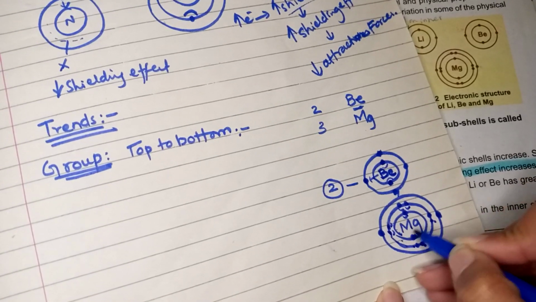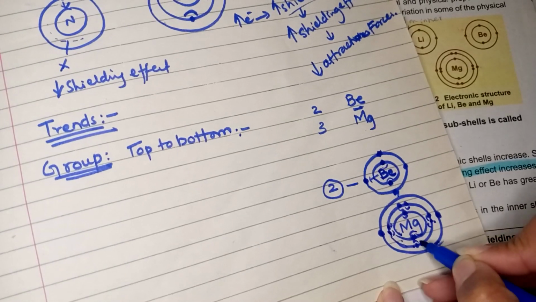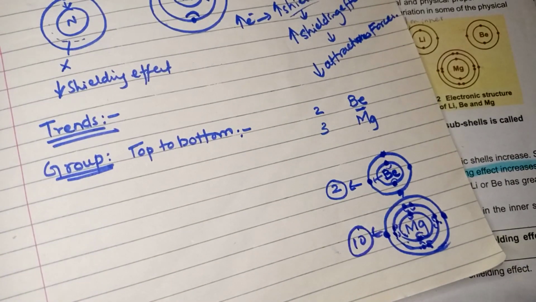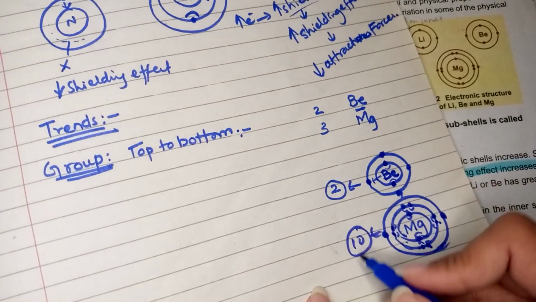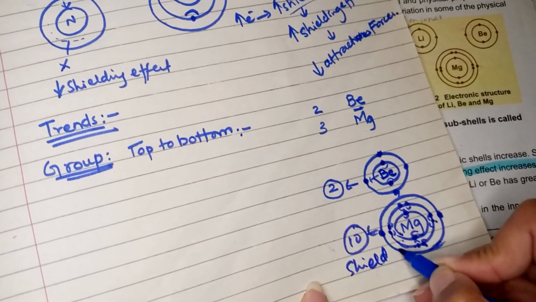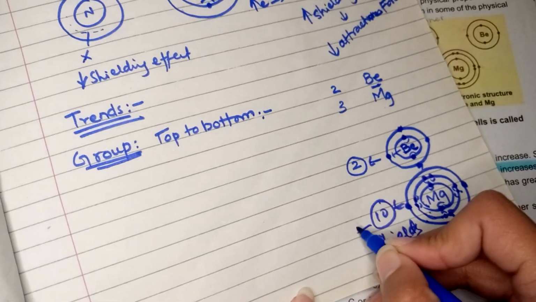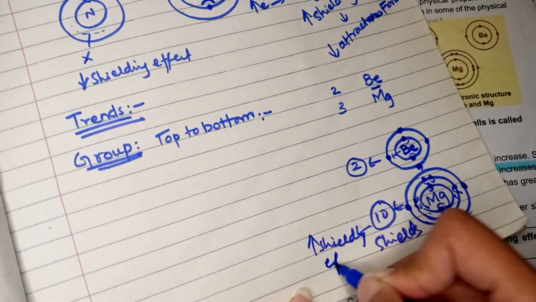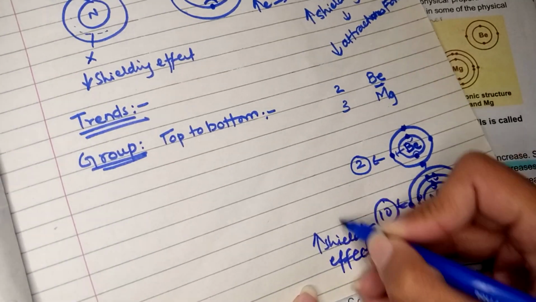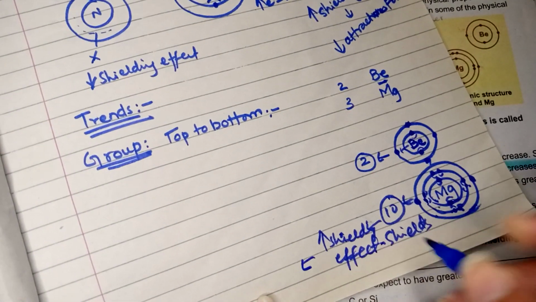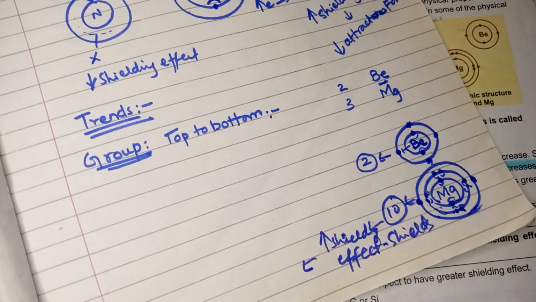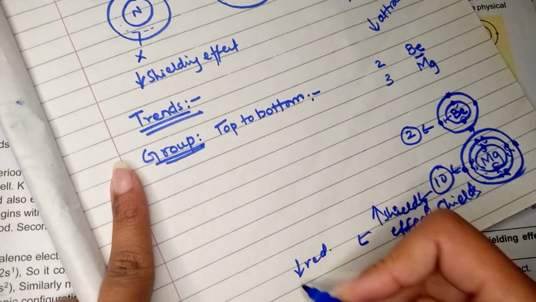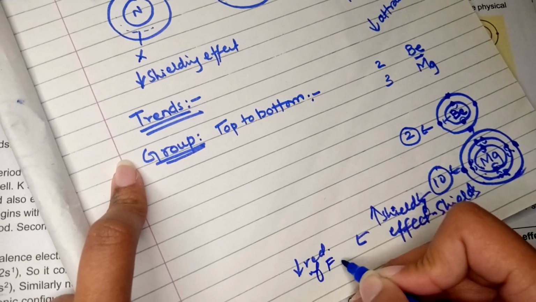So which atom is going to have more shielding effect? Definitely the atom that has more shields is going to have more shielding effect. And what does that mean? It means there would be more reduction in the force of attraction.